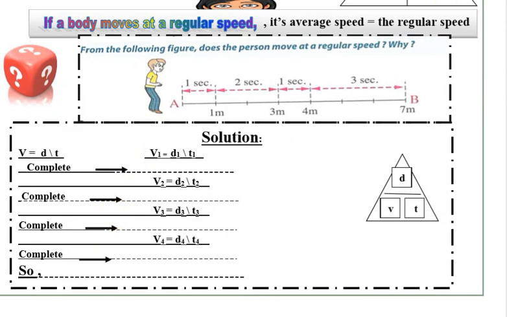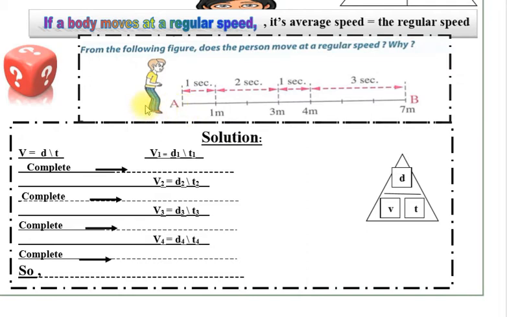If you look at the figure, this figure represents this boy moving from A to B. So he covers distances in periods of time. How can we guess the type of motion this boy moves through these units of time? We can get the solution for this problem by knowing the givens.